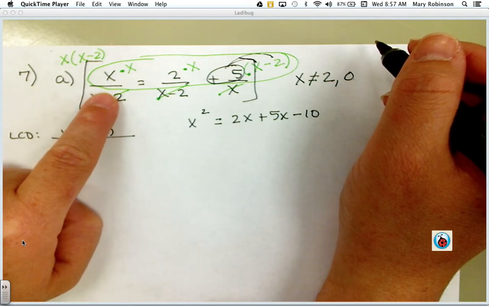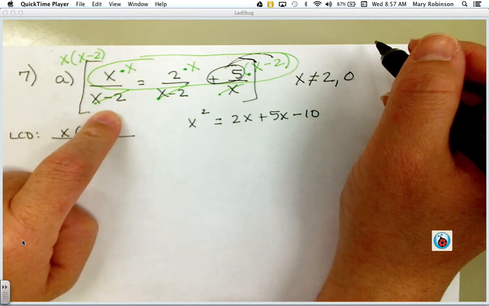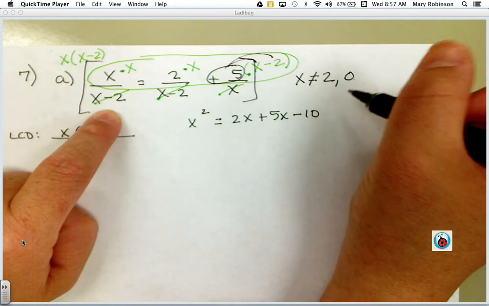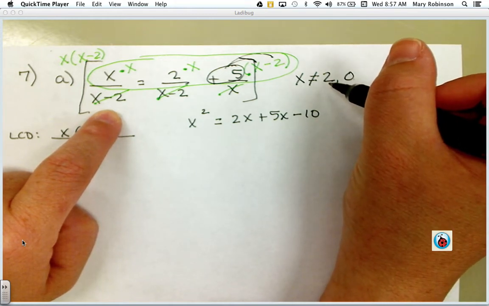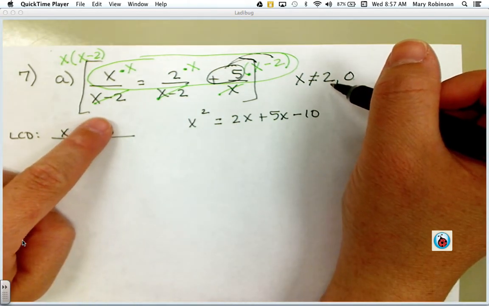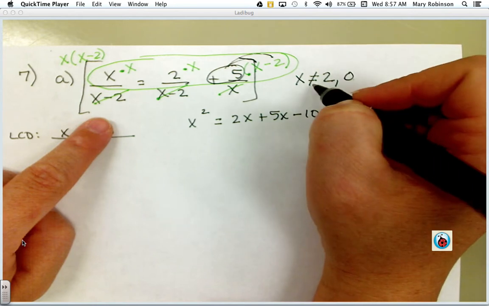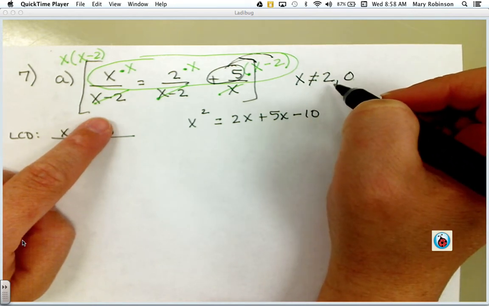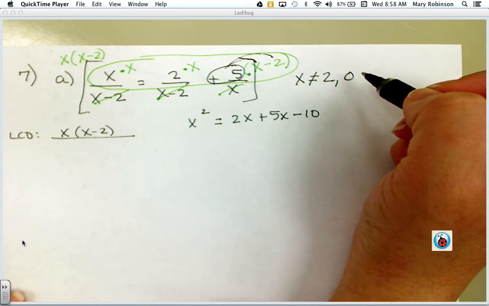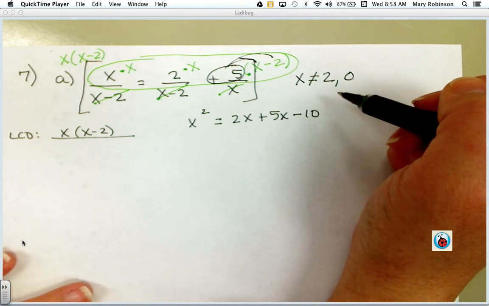And then we would get x divided by 0, which is not possible. You cannot divide anything by 0. So we have to eliminate any potential solutions that would make our denominator equal 0, because division by 0 is not possible. So let's go ahead and define that x cannot equal 2 and 0. That way, if we end up getting it as a solution, we can throw it out as a potential solution.